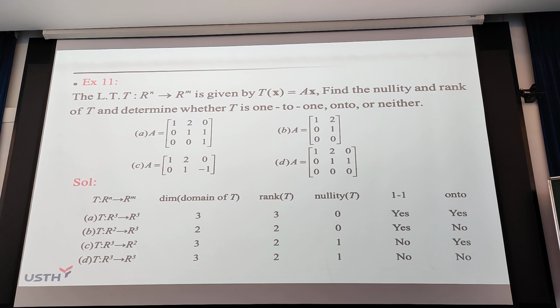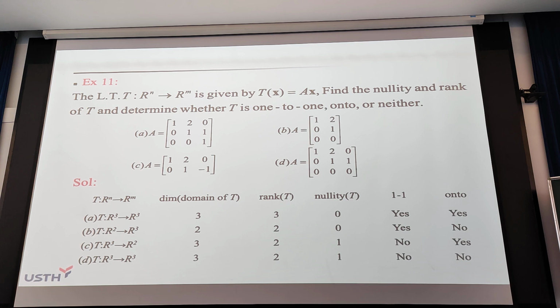And now we know that the rank of T plus the nullity of T equals the dimension of the domain. So it is very easy to see that the nullity of T will be 0 and 0 in the cases A and B, but it will be 1 and 1 in the C and D cases.